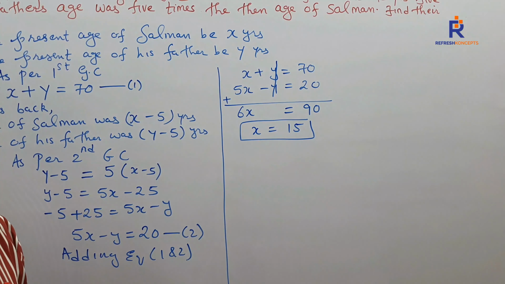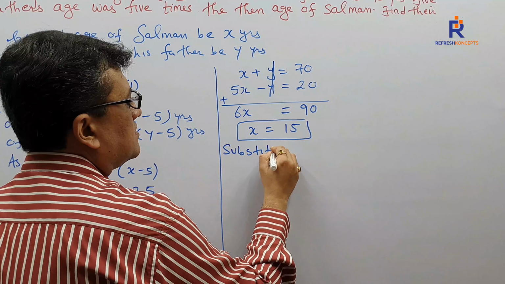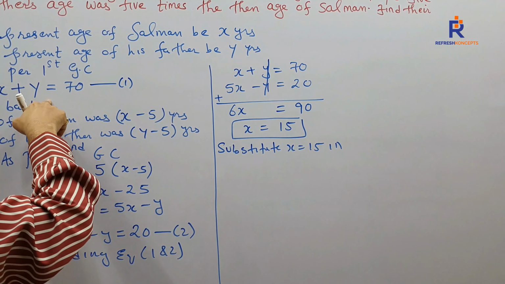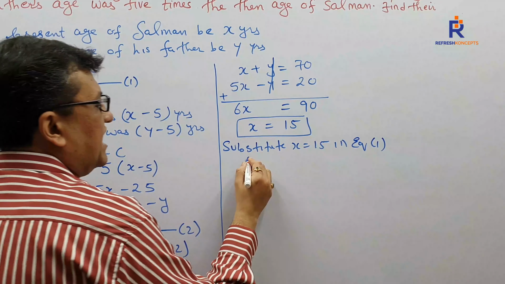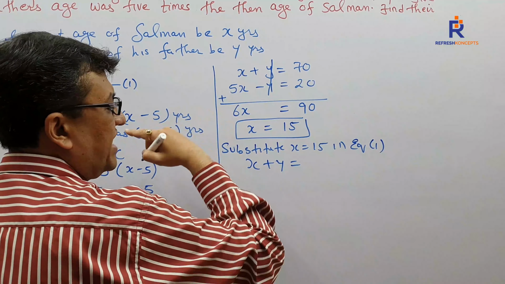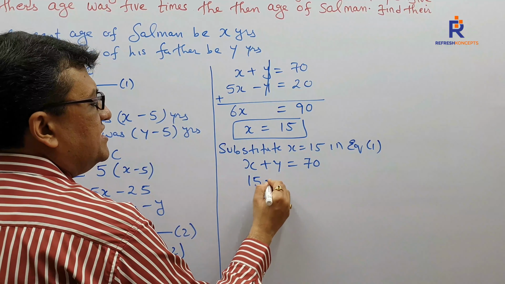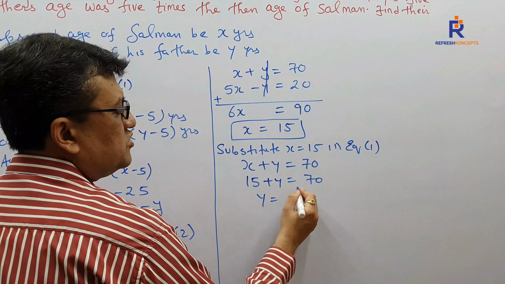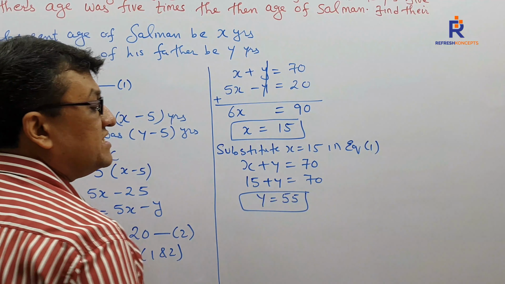Now substitute x equals to 15 in which equation, children? First one, very simple. In equation 1. Have a habit, as I said earlier also, of writing the equation completely. X plus y is 70. 15 plus y is 70. Y is equals to 70 minus 15. Answer is 55.